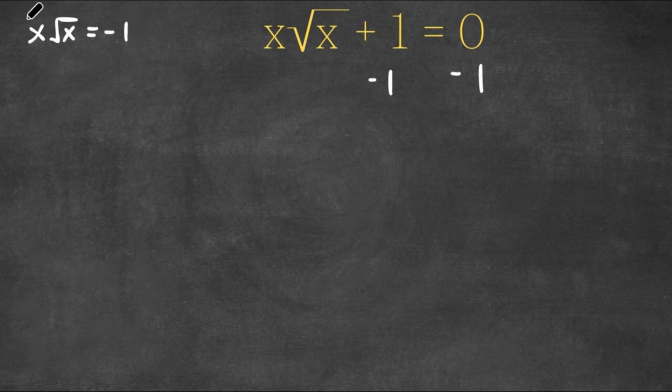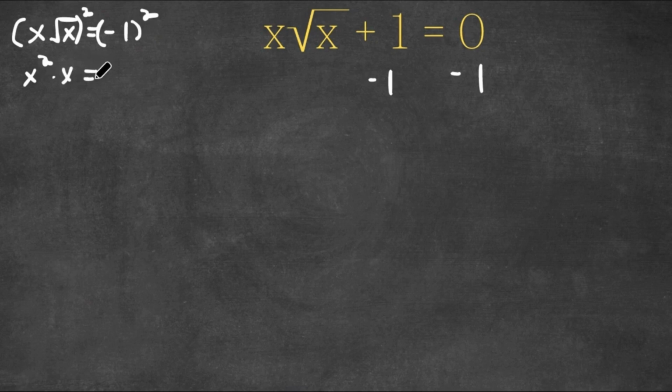Now I'm going to go ahead and square both sides. Now, x times the square root of x squared, well, x squared is simply just x squared. So we have x squared times the square root of x squared is simply just x.